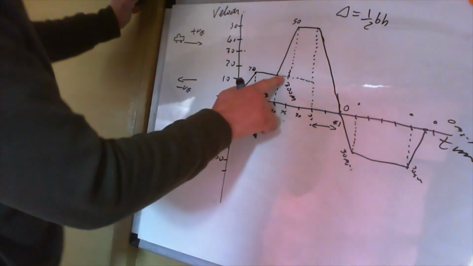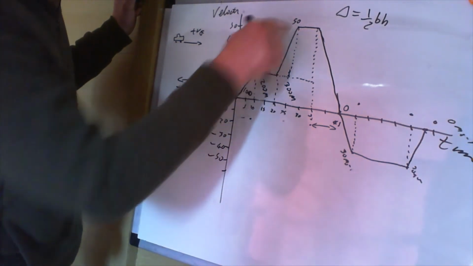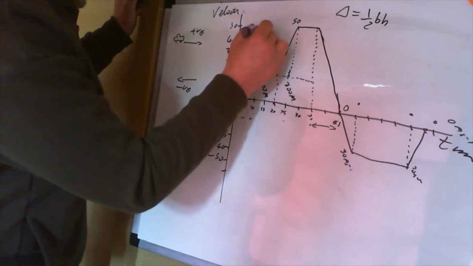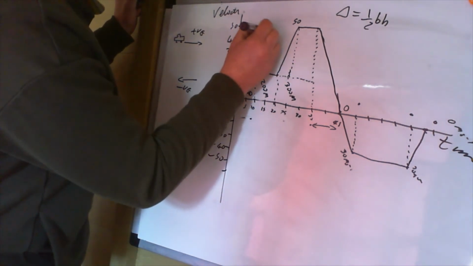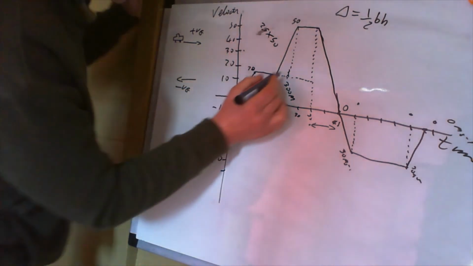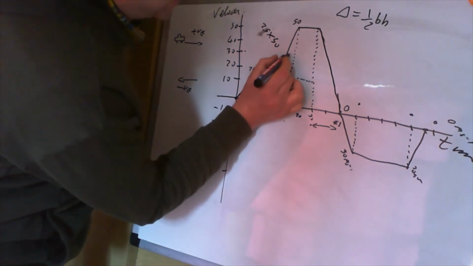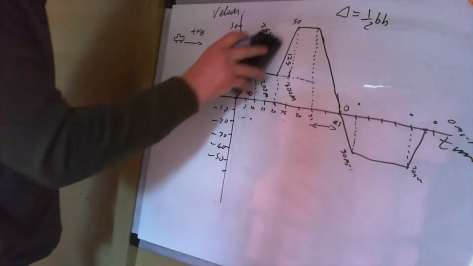This bit here was 5 there, and it goes from 20 to 50, so that's half the base, which would be 2.5 times 50, which is 125. Hope you're following that.